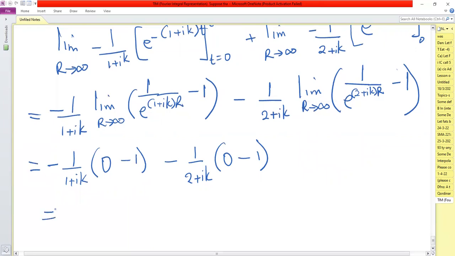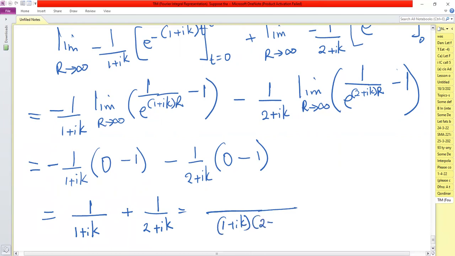So here we will have 1 over (1+ik) plus 1 over (2+ik), which we can put under one LCM: (1+ik)(2+ik).